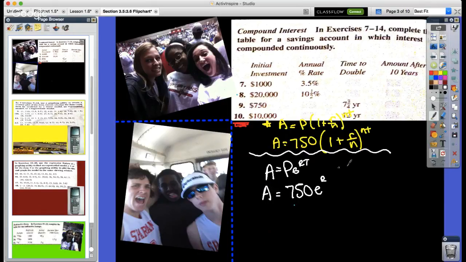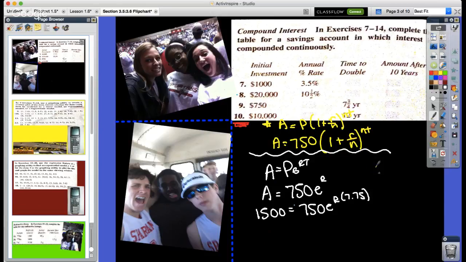And it does tell us that in this example, the time that it will double is 7 3/4 years. That's interesting, because if it's doubling, we know that the amount, or A, would be 1,500, because double of 750 is 1,500. So we have e to the r times t, and t would be 7.75 years, or 7 3/4.